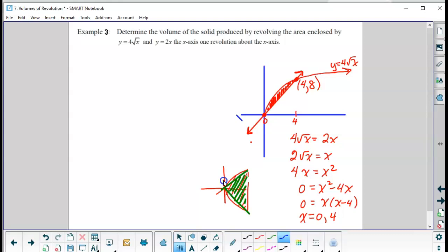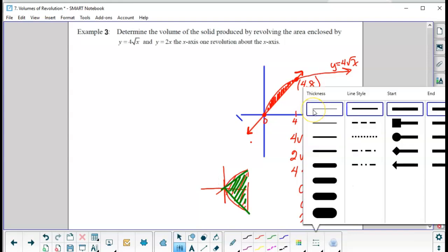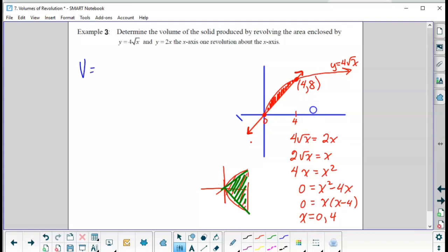So that means here the volume will be the larger function, 4 root x, the volume of that rotated, from 0 to 4. And then subtract the volume of the inside function, again 0 to 4, and that's going to be 2x.